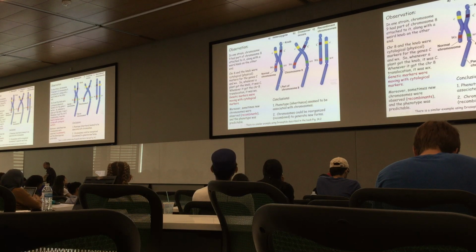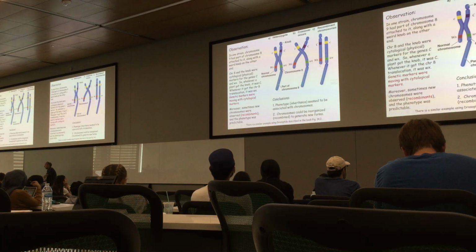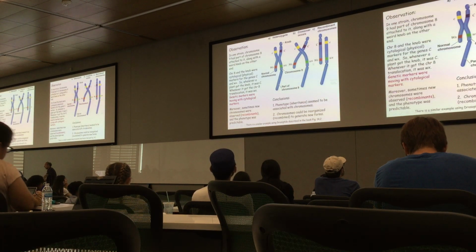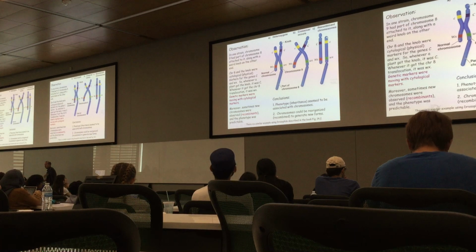The other interesting point, which is relevant to our discussion today, is that sometimes the chromosomes would undergo a rearrangement or recombination event where now the knob here would be associated with another end of chromosome 9 that was normal, and this chromosome 8 extension was associated with the other end of chromosome 9, which is normal.